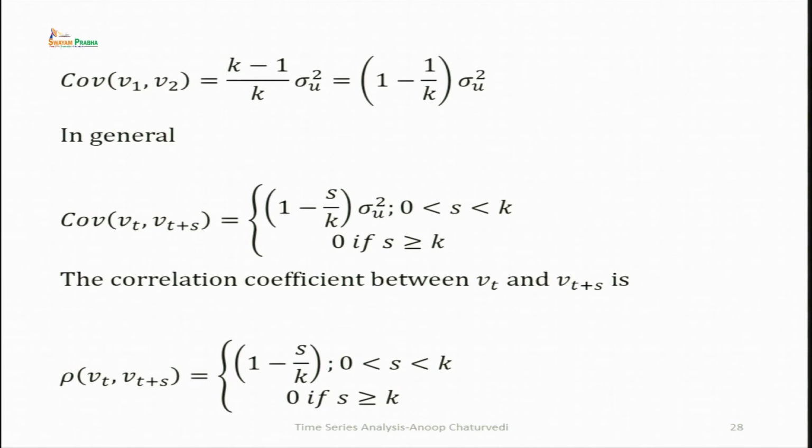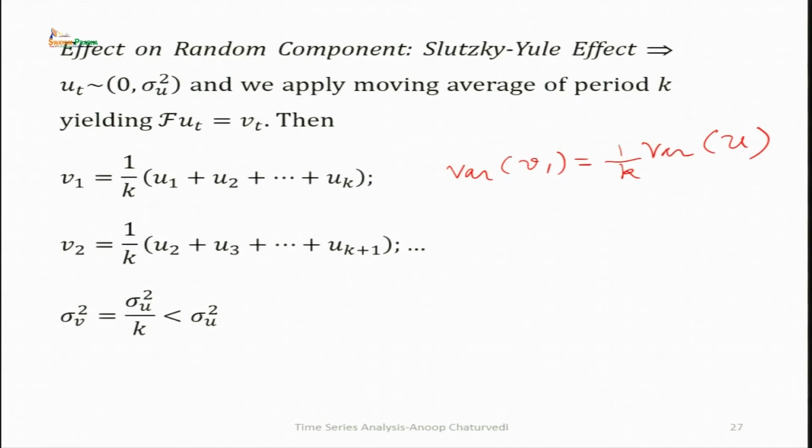Then we obtain the covariance between V 1 and V 2. This is V 1, this is V 2. We obtain the covariance between V 1 and V 2. So, you multiply V 1 and V 2 and take expectation. Then the terms like u 1 u 2, u 1 u 3, and so on up to u 1 u k have expectation 0.